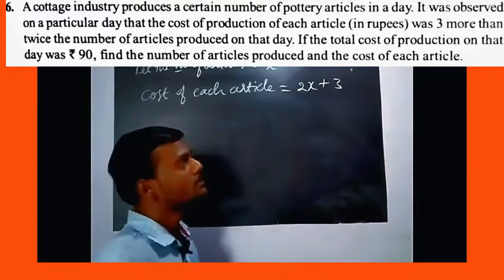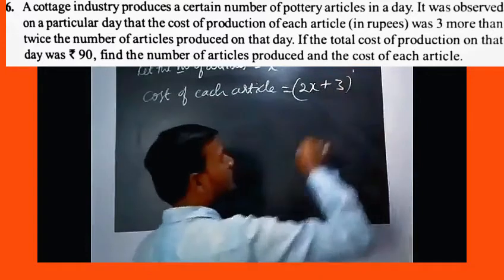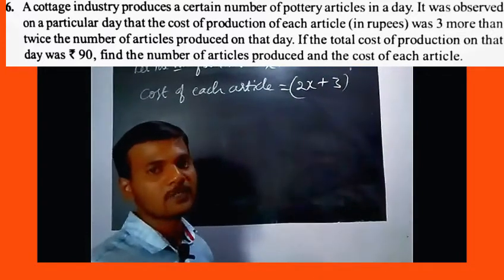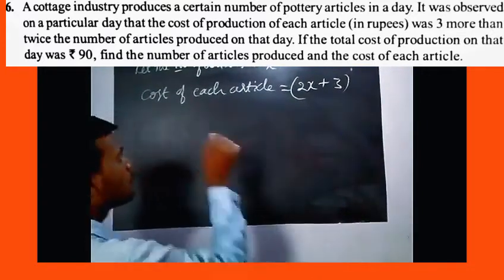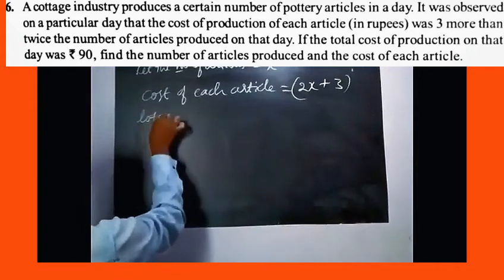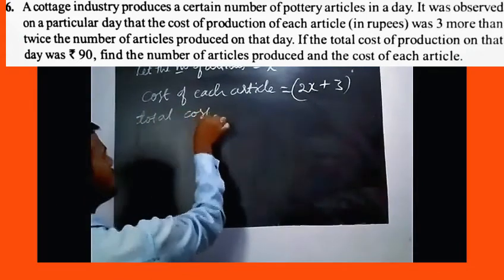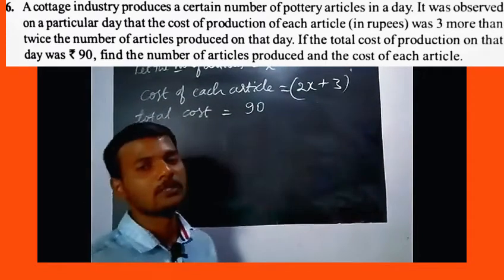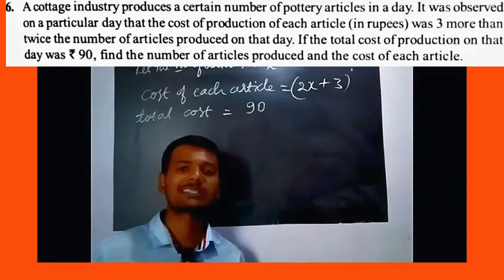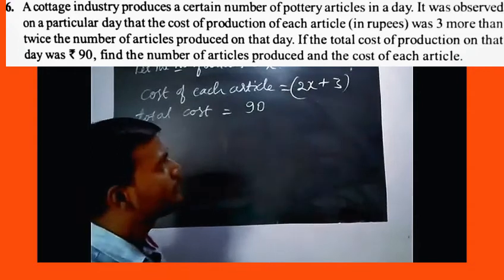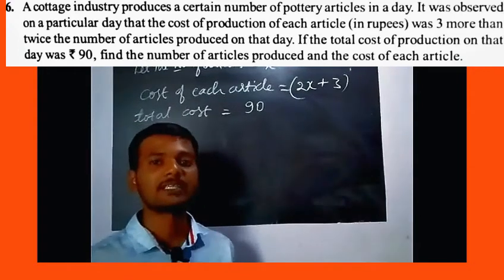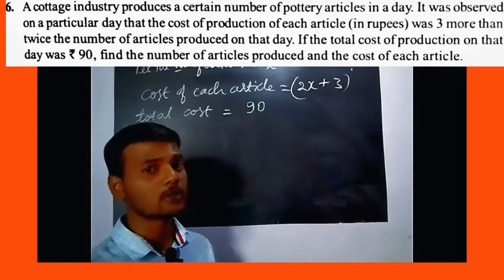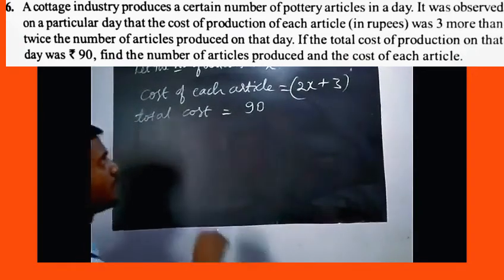This is the cost of production of each article. And the total cost of production is given, that is 90 rupees. So we have to find the cost of each article and the number of articles produced on that day. Let us find it.